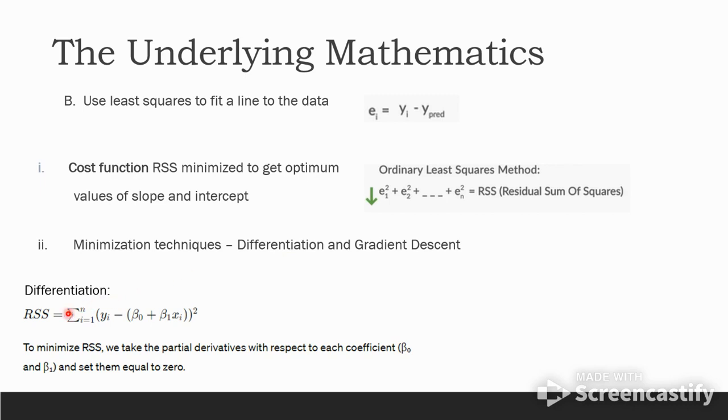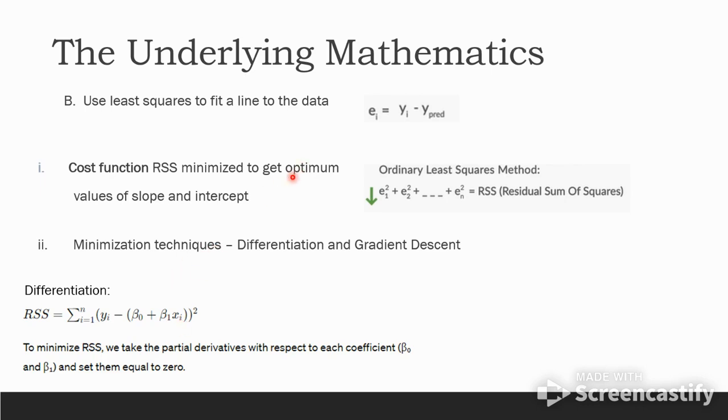So how do we differentiate? The residual sum of squares, RSS, is the cost function, and it can be written in terms of yi, which is the observed data. The scattered points, the actual observed values, are denoted by yi, and beta naught plus beta 1 xi is the predicted value.